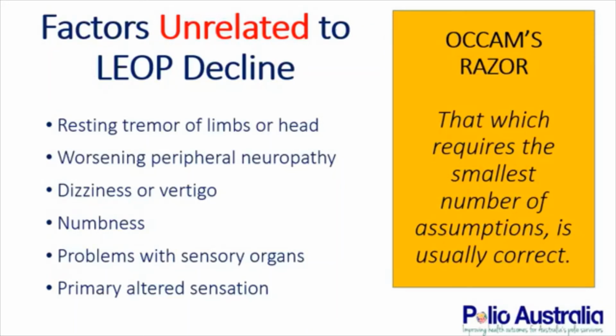We saw quite a few symptoms listed in that word cloud, and those are not all the symptoms that humans can have. And so we also have factors that are unrelated to late effects of polio. So if your patient is complaining of these things as well, you may need to look elsewhere for what condition needs to be treated.